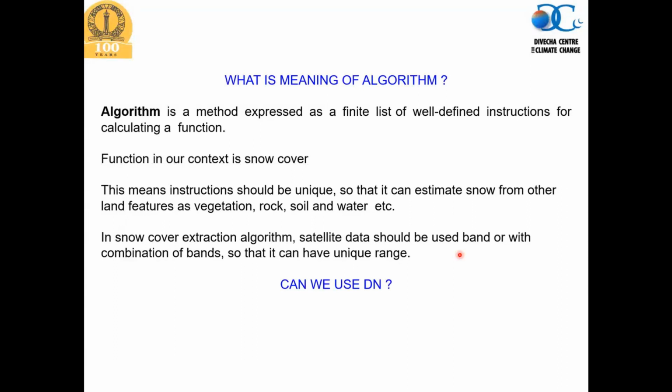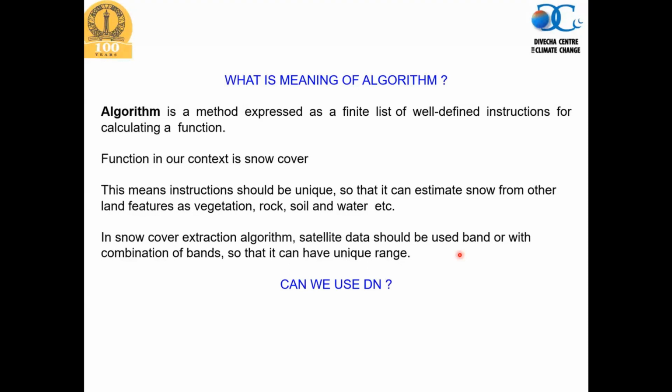So we can do it if you have unique spectral reflectance bands and information. What normally in satellite remote sensing, if you are using, then you should use a band or combination of bands. Then you can estimate snow.